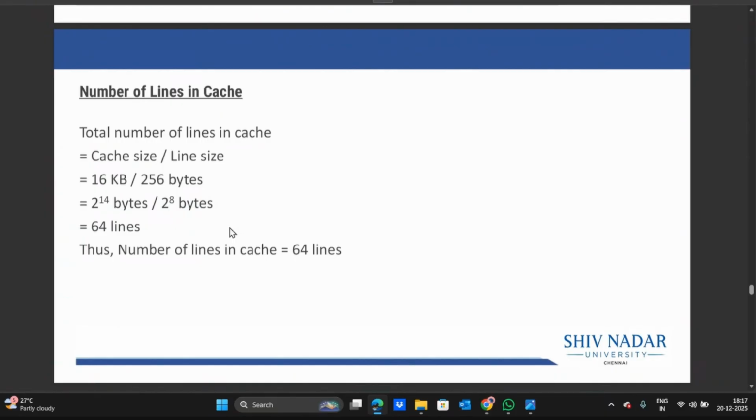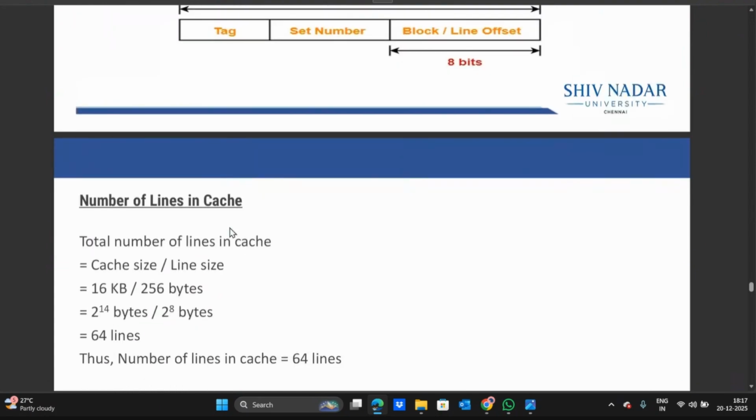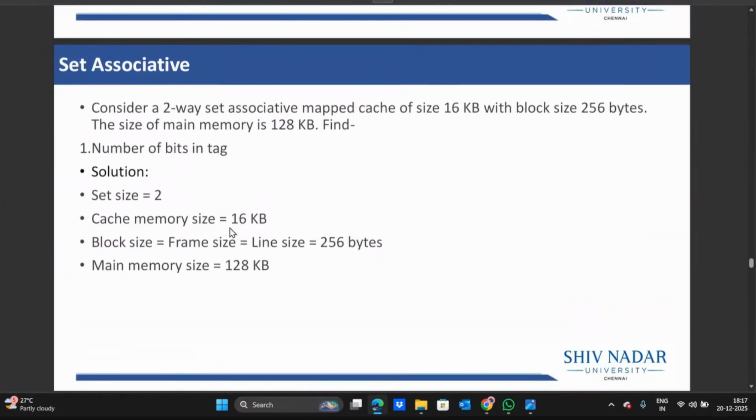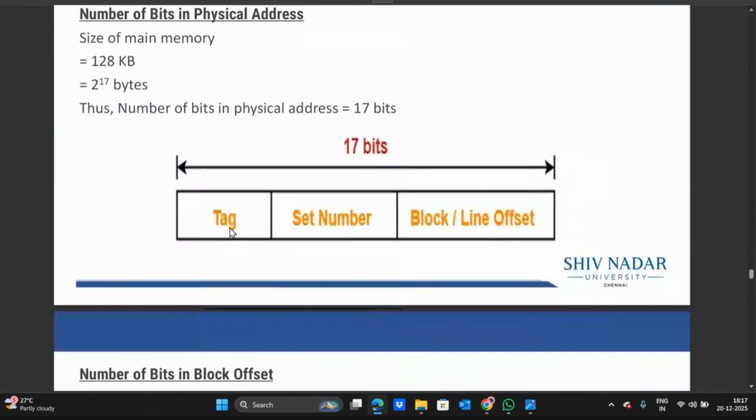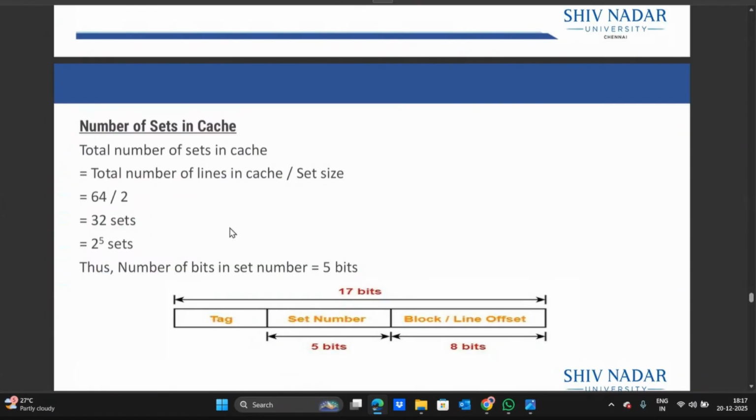Now you have to find the number of sets, because in the address structure we have to give the set number and not the line number. They have given that it is a two-way set associative map. So we take the number of lines and divide it by the set size, which is 2 in this question.